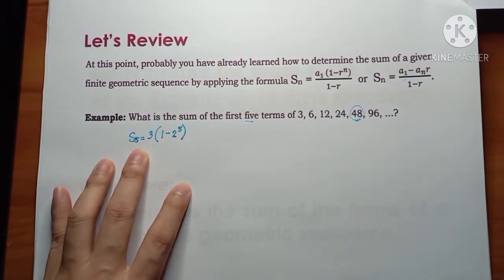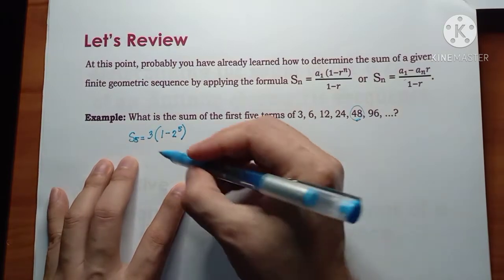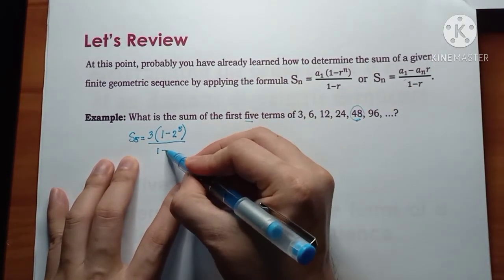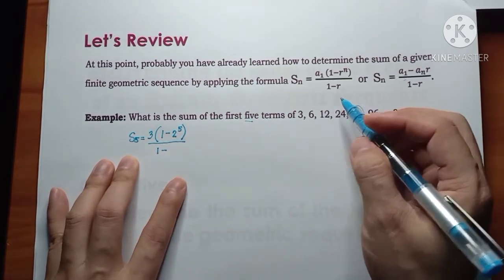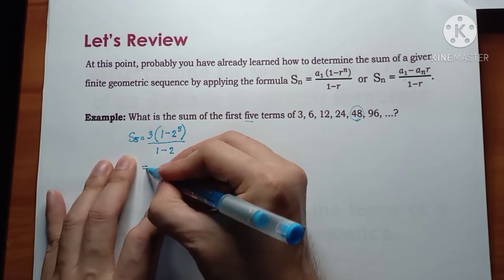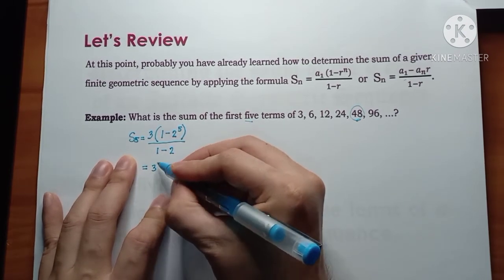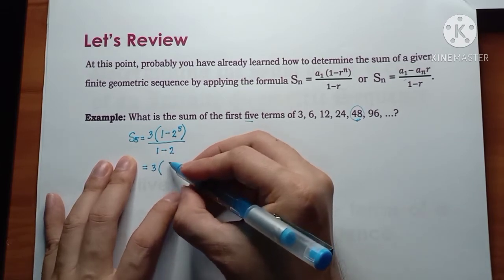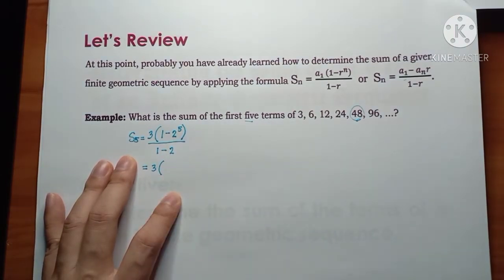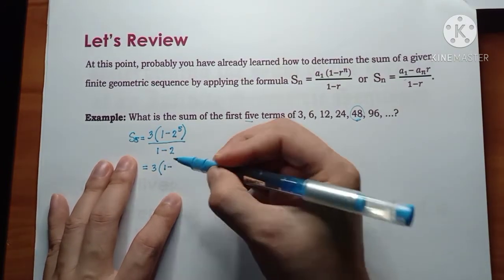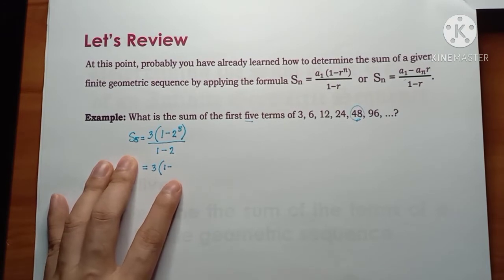Now, all over 1 minus 2. So we have 3 times 1 minus, what is 2 raised to 5? So ang 2 raised to 5 is 32.